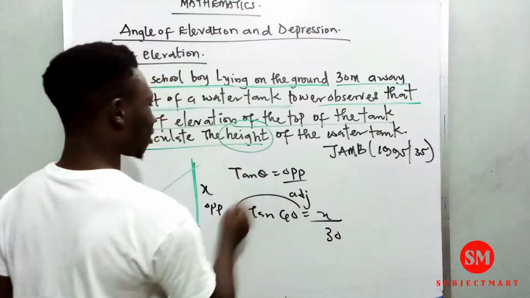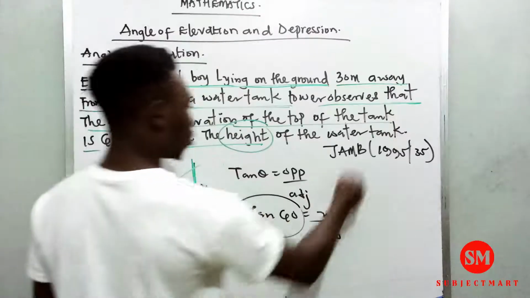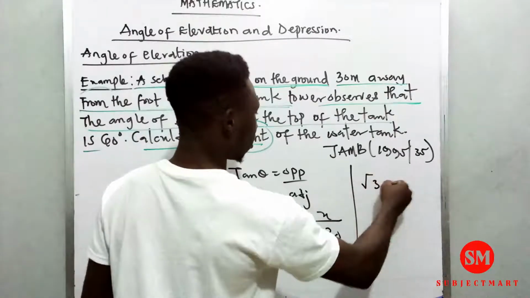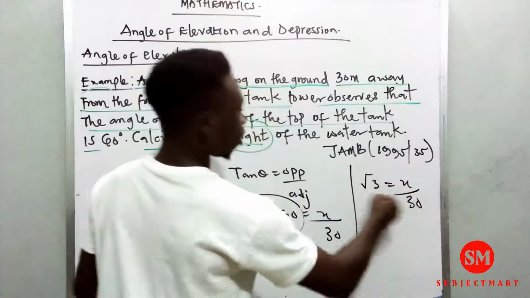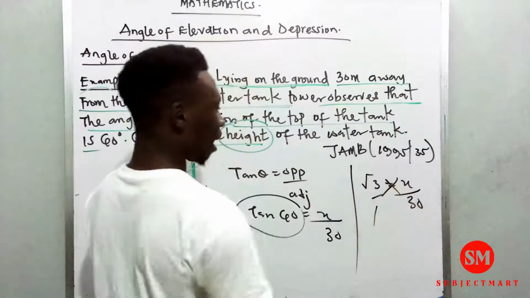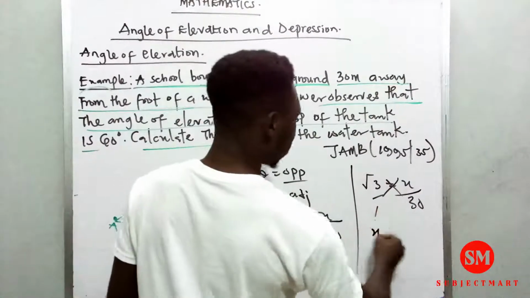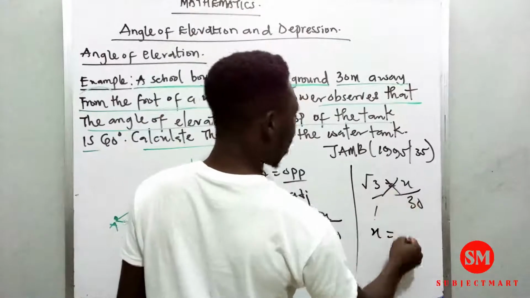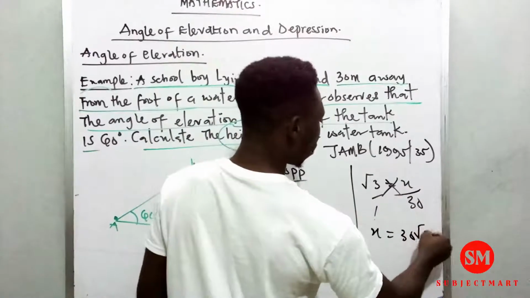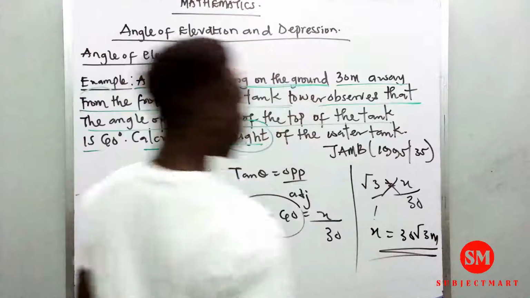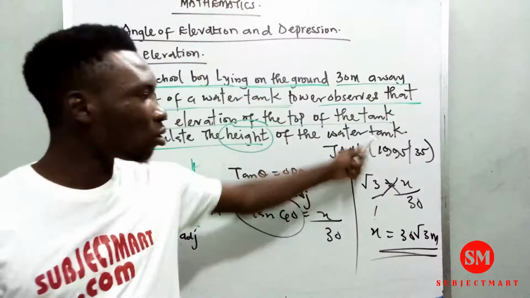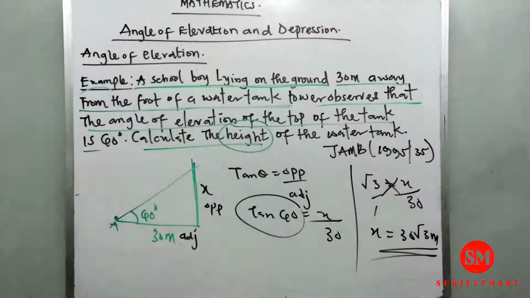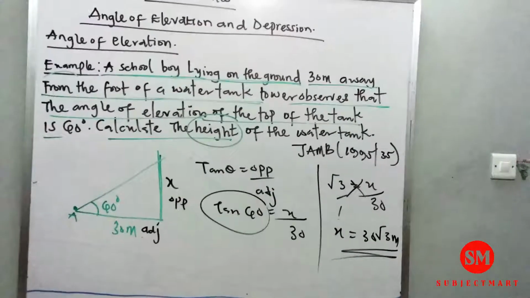Now tan 60, according to your special angles, is going to give us root 3 is equal to x over 30. So at this junction, cross multiply. So x times 1 gives us x. 30 times root 3, that's going to give us 30 root 3 meters. And that is your final answer according to the question that came out in JAM 1995, question number 35.